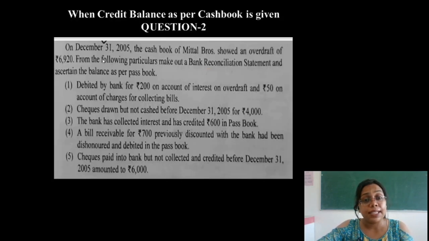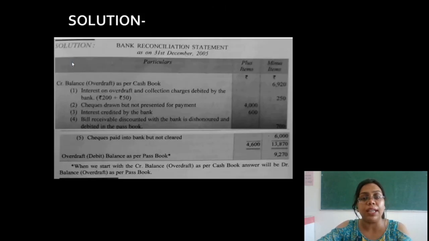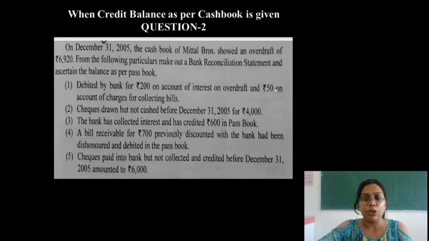Now in this case we'll write overdraft balance as per cash book, and we'll write the amount in the minus items, 6920. In this solution, credit balance or overdraft as per cash book, we have written the amount in minus items, 6920. Now we'll start with our differences.